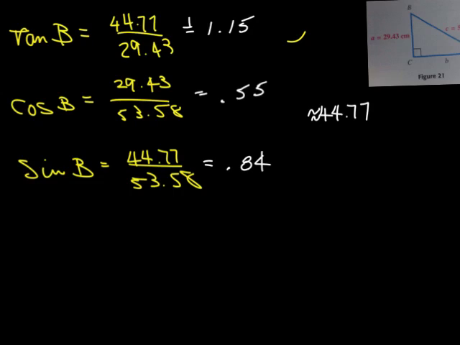But now, let's just take the bottom one here. Let's just take the sine of b. I've got the sine of b equals 0.84. All right, that does not give me the angle. All that tells me is that the ratio between the opposite and the hypotenuse is 0.84.